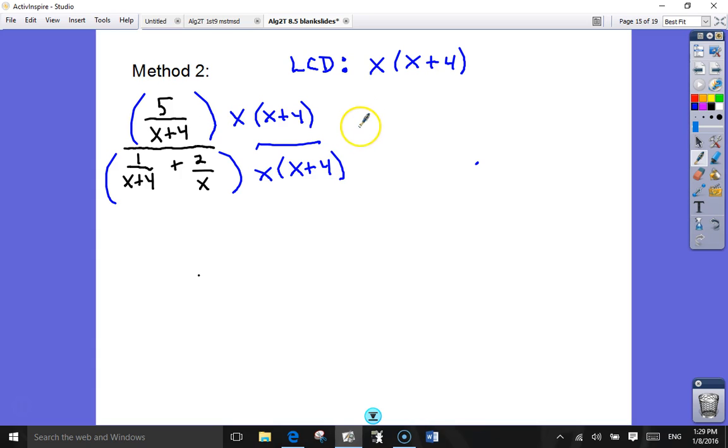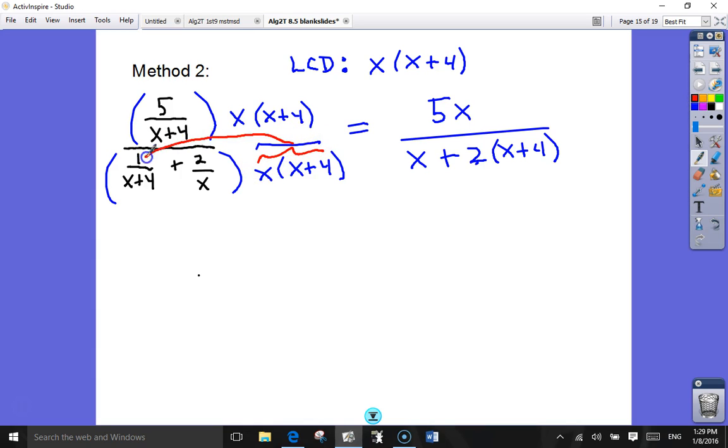So in the numerator it'll be 5x. In the denominator, the first term will be 1x. X plus 2 times x plus 4. So I'm taking this, and I multiply times that, and then I multiply times that.